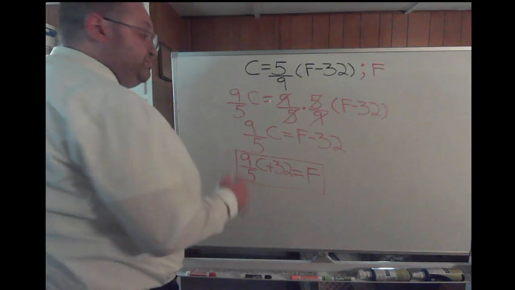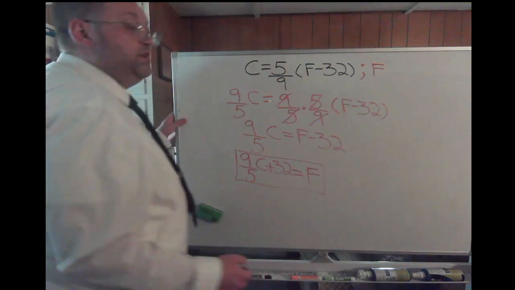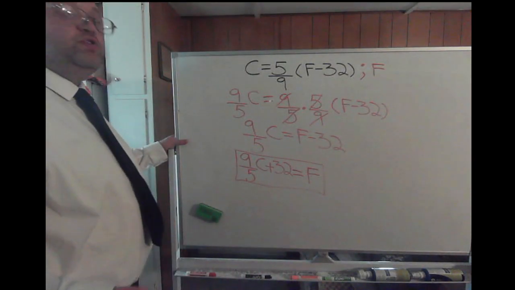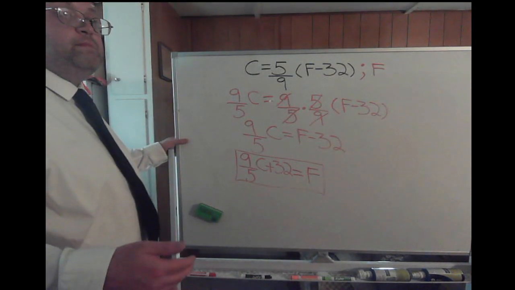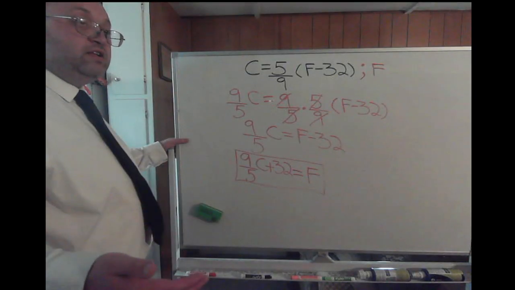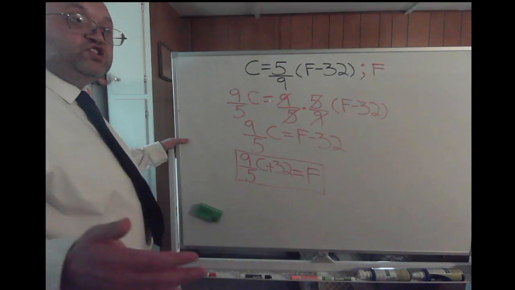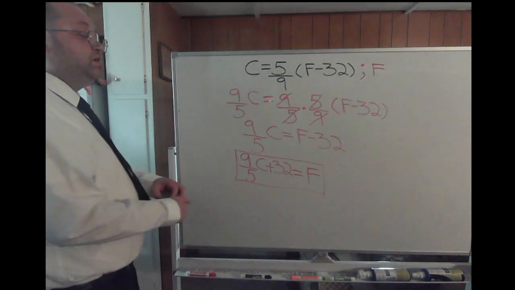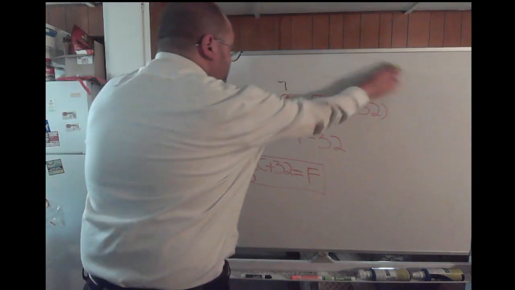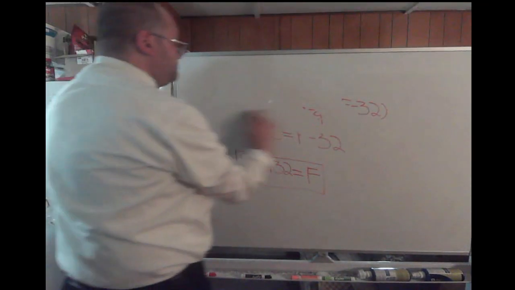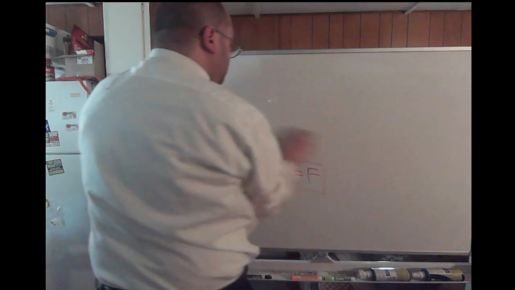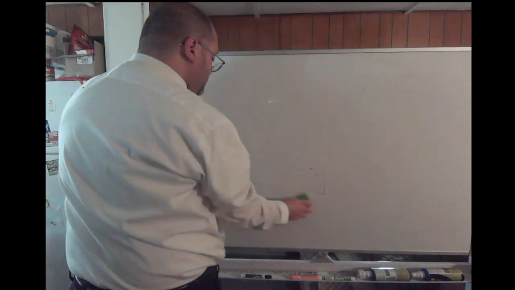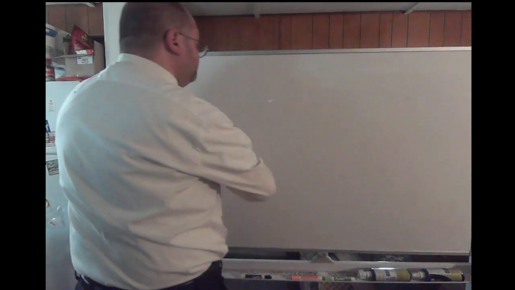Being able to manipulate formulas will not only help you in math, it'll help you in chemistry, physics, some biology courses, geology, meteorology, astronomy, and so on. It'll help you in all kinds of courses. That's another reason we're learning this.